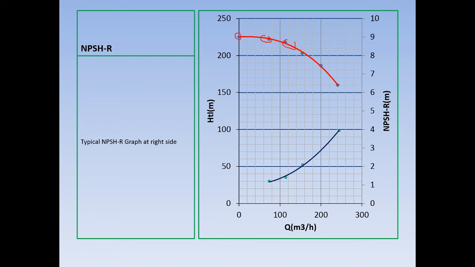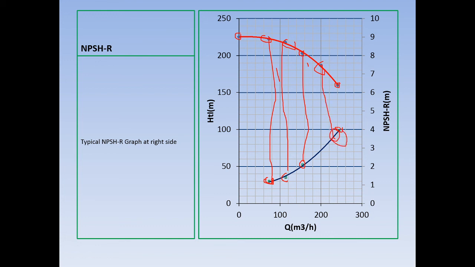This is the flow capacity, and this is the NPSH required. So we were here, 1 point, and then we test another point, you get this, and you test another point, you get this, and you test another point, you get this.